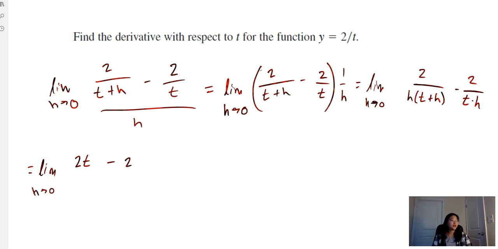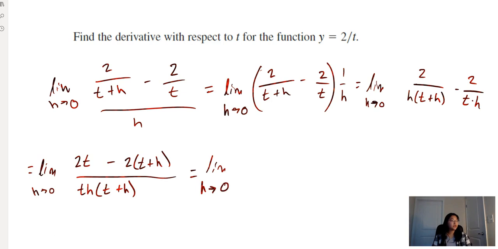And then my common denominator is t times t plus h. And now, what do I get? Limit as h approaches 0 of 2t minus 2t minus 2h all over t times t plus h.